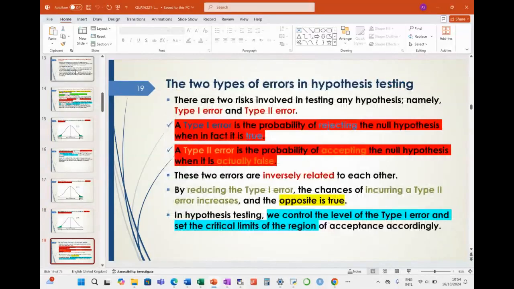Then this is what they were talking about in the video when they were saying that you can make errors. Remember, here we're inferring, we're making assumptions, and they always say there's an exception to the rule.